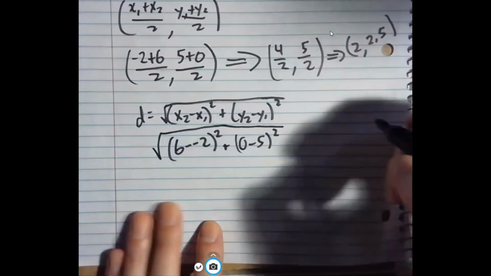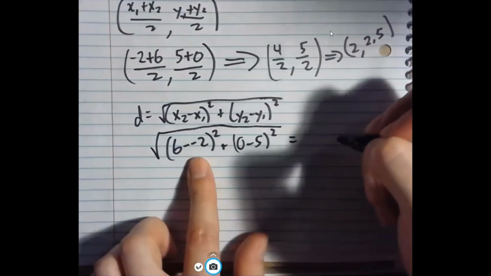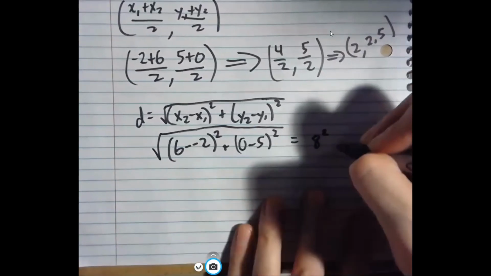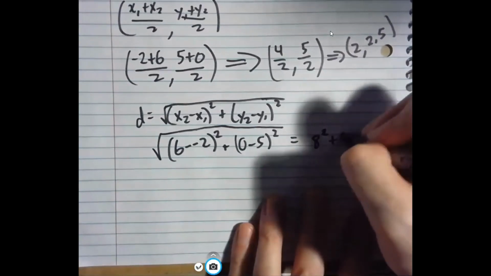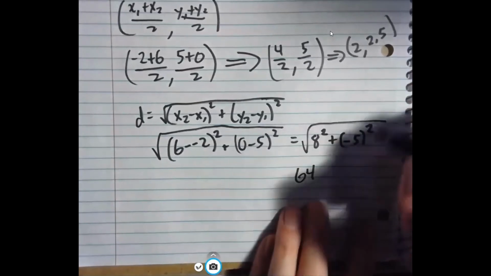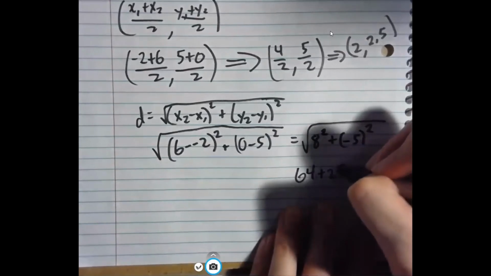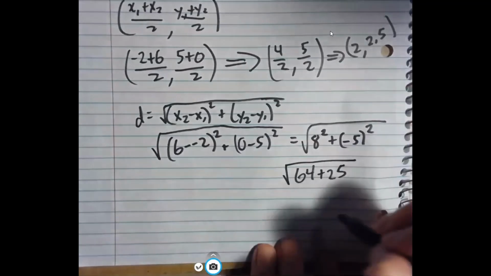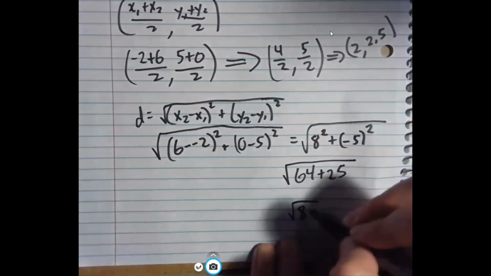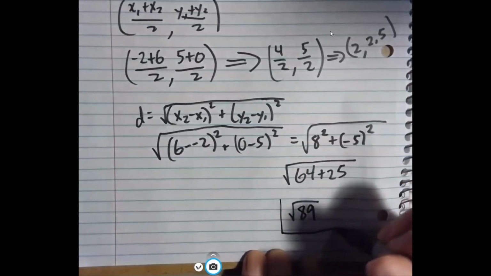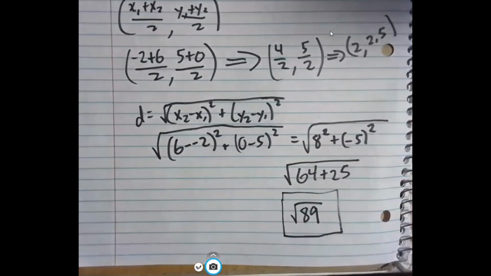Yeah, we got to do the square root of that. 6 minus negative 2, that's the same as 6 plus 2, so that's 8 squared, plus negative 5 squared. 8 squared is 64. Negative 5 squared is 25. 64 and 25 would be root 89. Don't think you can simplify that. Final answer is root 89.